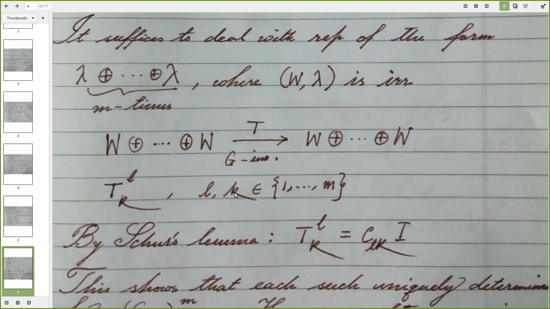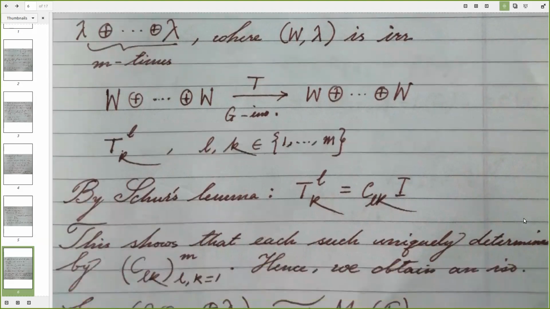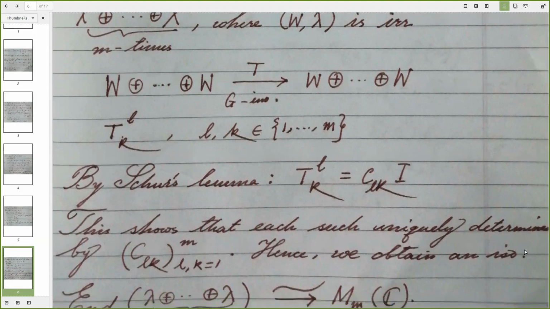Since lambda is assumed to be irreducible, by Schur's lemma T_lk is precisely given by some scalar that's denoted by c_lk. Okay. Now it's very easy to see. Let's try to follow it carefully.